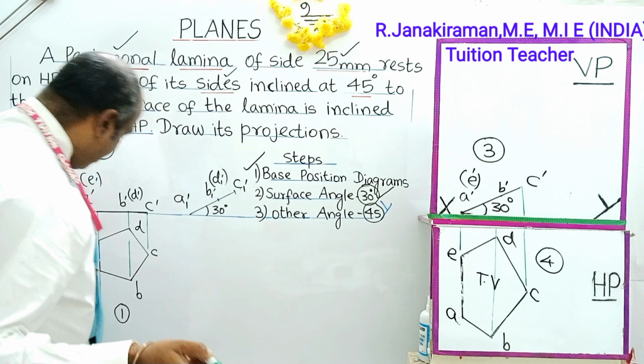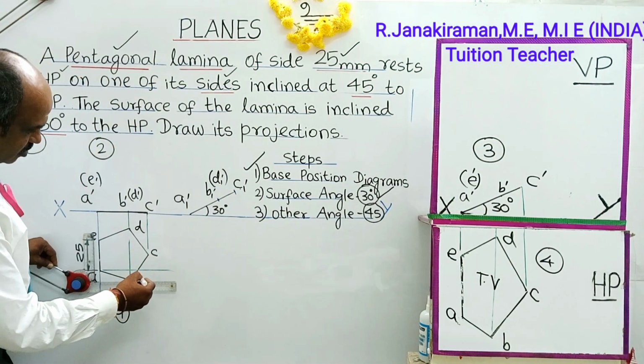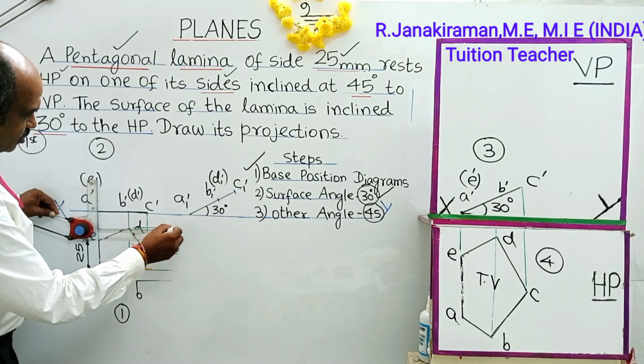Using 2H pencil, draw various projection lines from point A, from point B, from point C. Draw horizontal projectors using 2H pencil.